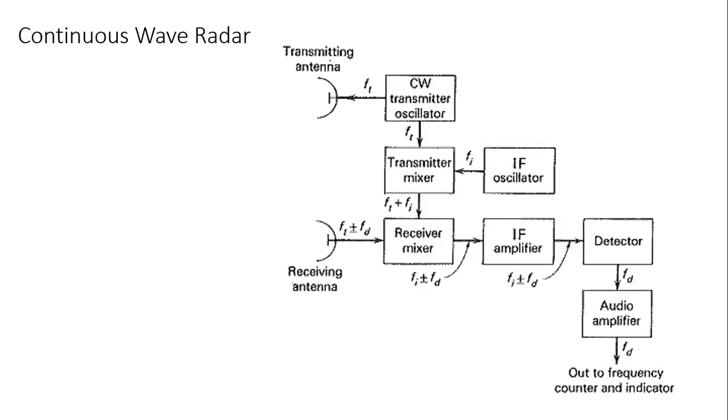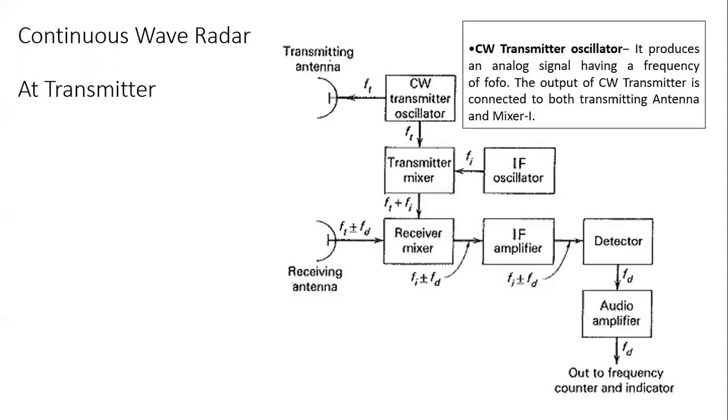So when we are using two separate antennas, naturally the role of the duplexer is not there, because the duplexer is used only to switch between transmitter and receiver. Since we are using two different antennas, one is used only for transmitting, the other only for receiving.